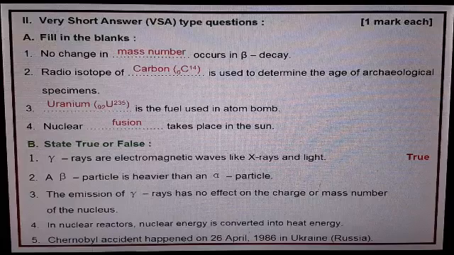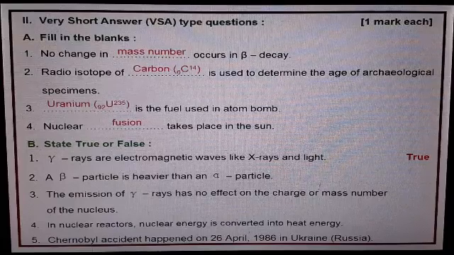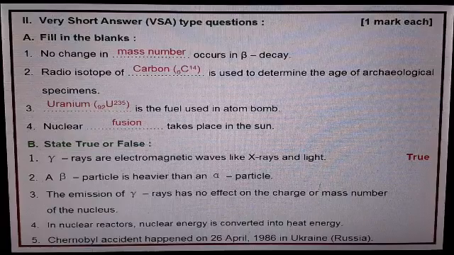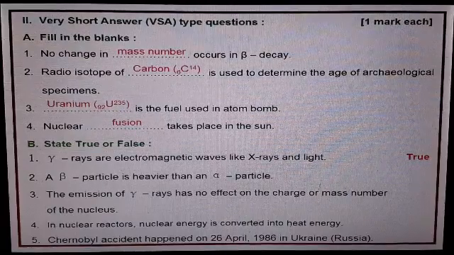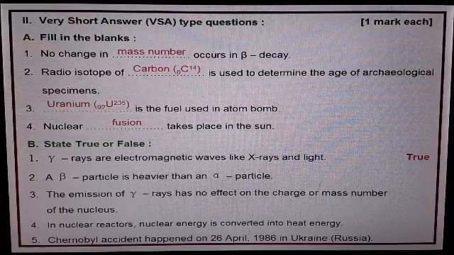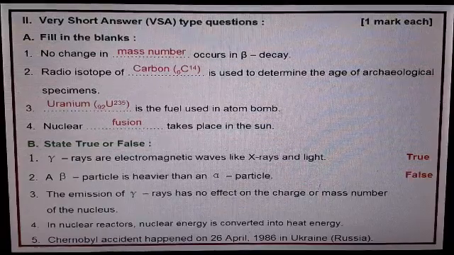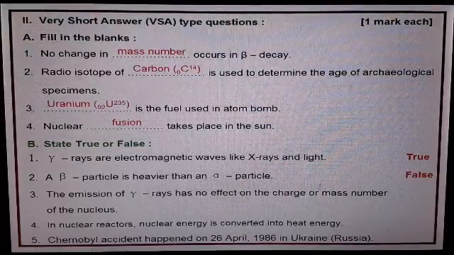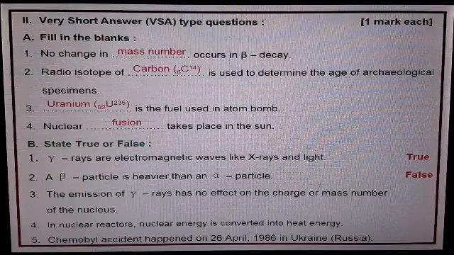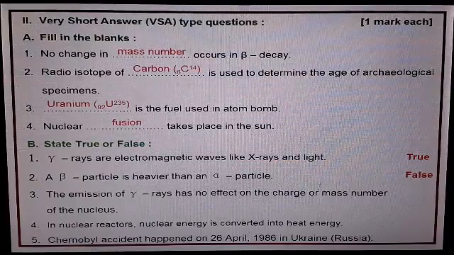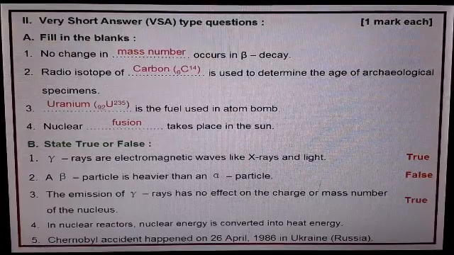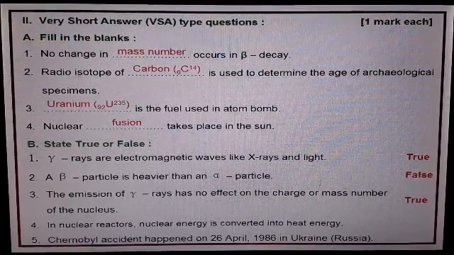And in case of your beta particle, the mass is that of an electron, which is much less. So beta particle is not heavier than alpha particle, so it's false. Third one, the emission of gamma rays has no effect on the charge or mass number of the nucleus. Yes, it's true, because gamma rays don't have any charge.